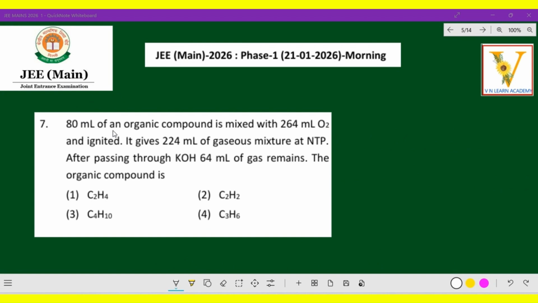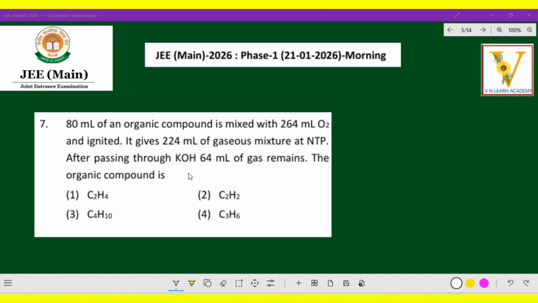The next question: 80 ml of organic compound mixed with 264 ml of oxygen is ignited. It gives 224 ml of gaseous mixture at NTP. After passing through KOH, 64 ml of gas remains. The organic compound is?